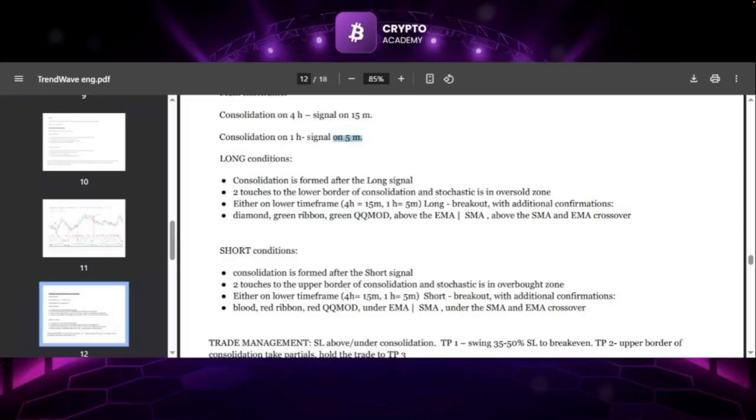Base formation. It's the first. Consolidation after the signal. Then we switch to a lower time frame and get a breakout on the lower time frame.